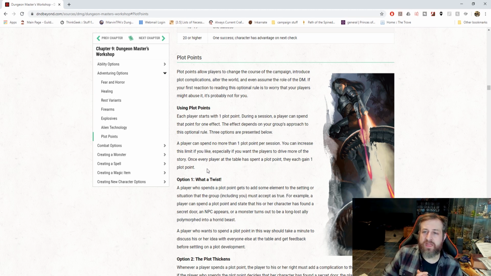I know of other games that have used a similar system. I can think of the Cinematic Unisystem of RPGs, which has a drama point system, where you can spend a drama point to have something happen. The thought process behind that particular system, and it seems like it's here in this option too, is like, man, we're just not getting it.